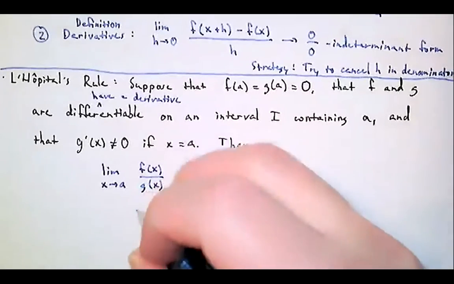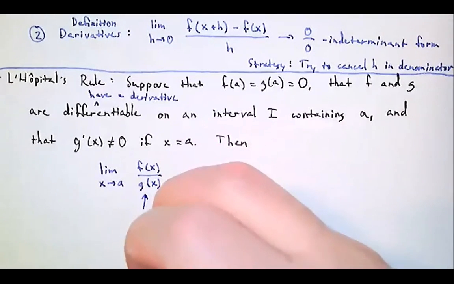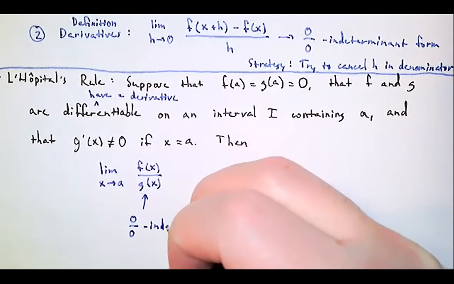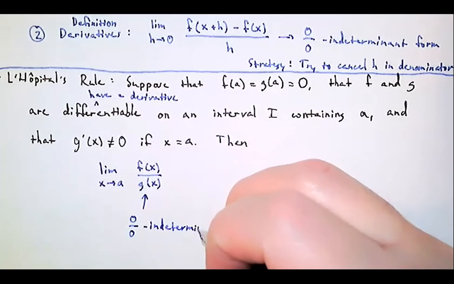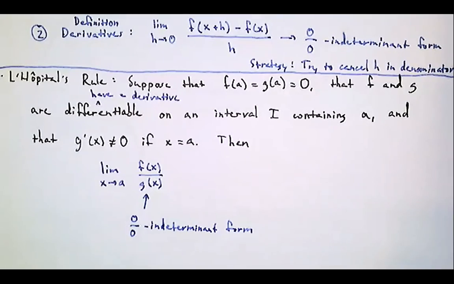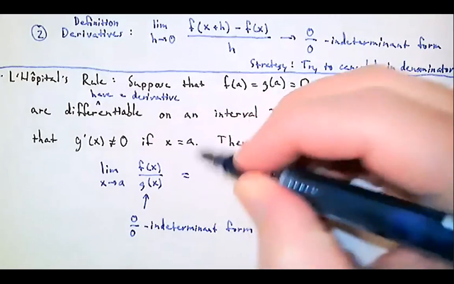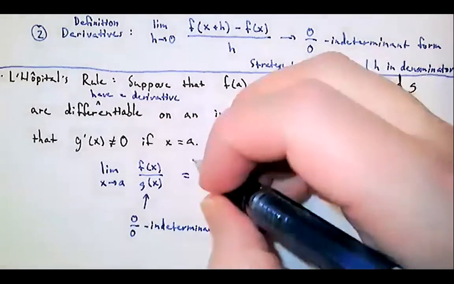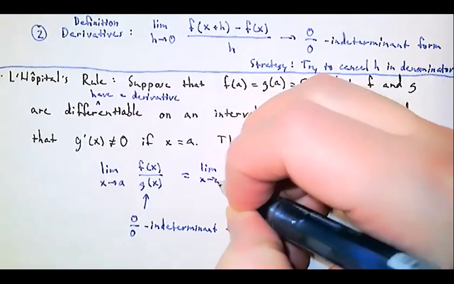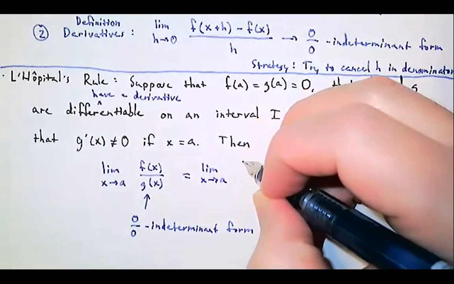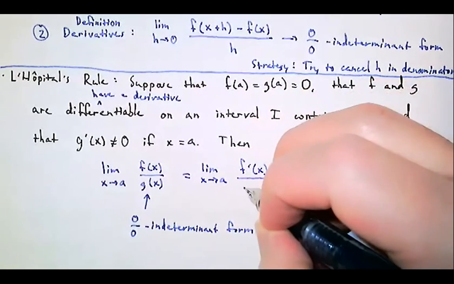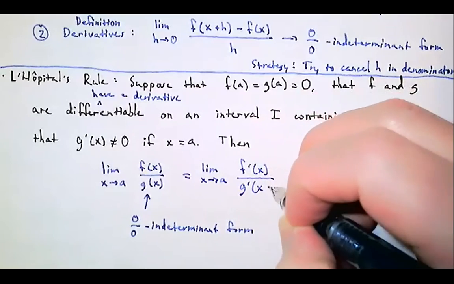So this is actually a 0 over 0 indeterminate form. But what this theorem lets us do is replace this indeterminate limit with a new one. All you're going to do is take the derivative of the top and the bottom, like so.